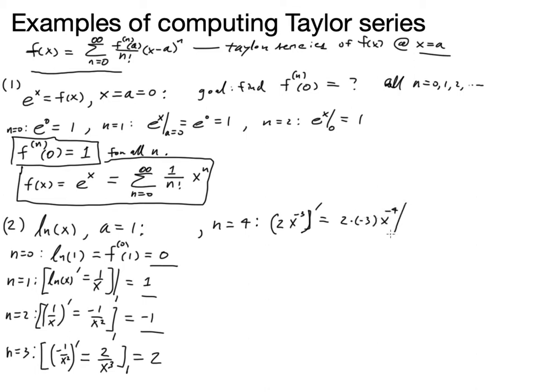And we're going to evaluate this whole expression at 1. And we're going to get, of course, negative 2 times 3. And we're starting to see a pattern now where this is going to be a negative 3 factorial. We can see this as positive 2 factorial in the n equals 3 case.